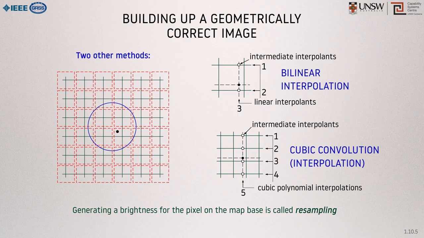While a more complicated process, cubic convolution resampling generally leads to a smoother looking image after geometric correction. By contrast, nearest neighbour resampling can produce a blocky looking product if the scales of the image and map are significantly different.